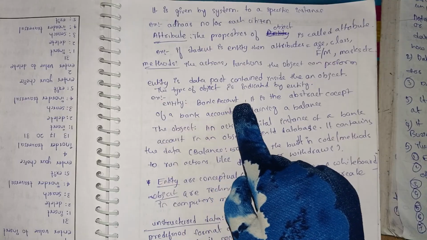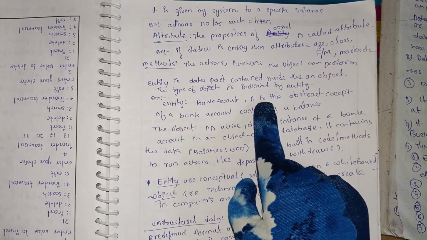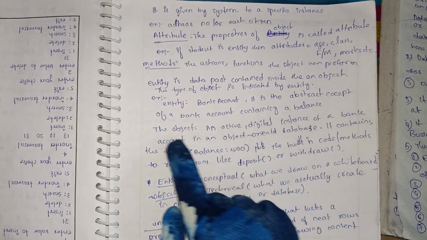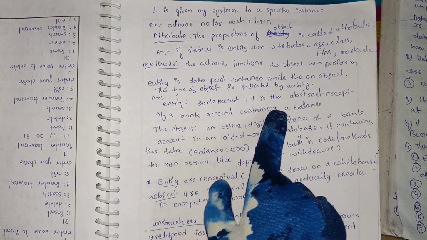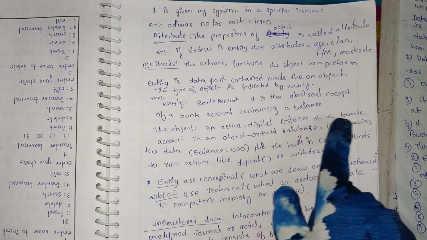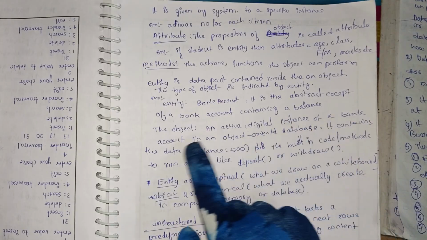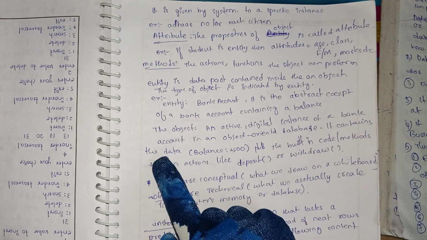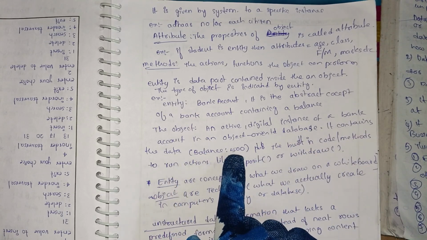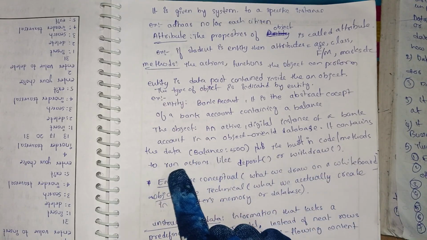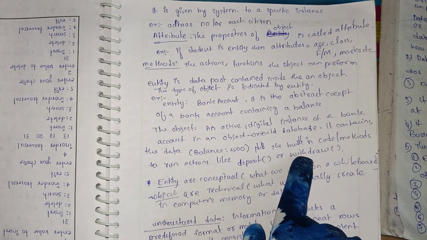Entity: bank account. It is the abstract concept of a bank account containing a balance. And the object is an active digital instance of a bank account in an object-oriented database. It contains the data, balance 500, plus the built-in code or methods to run actions like deposit or withdraw.